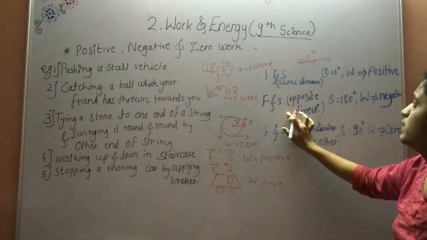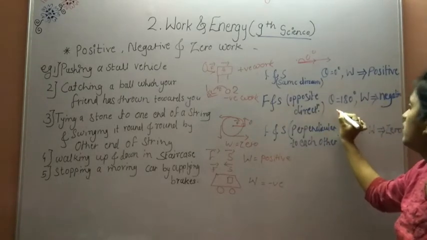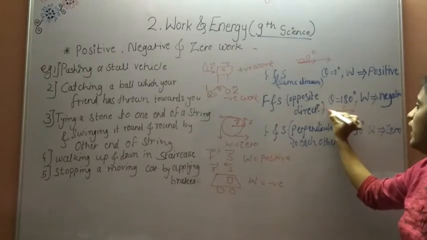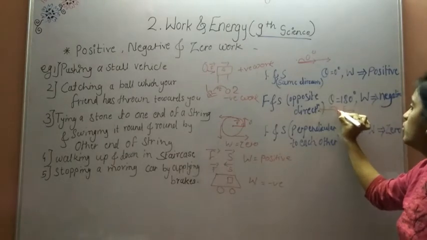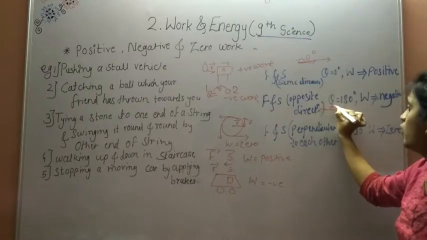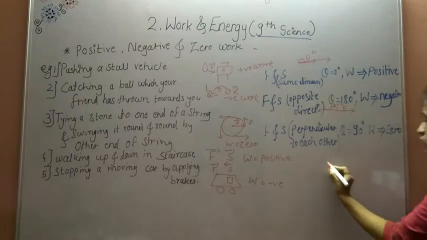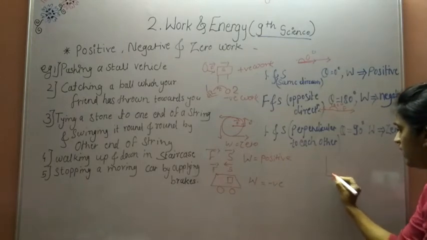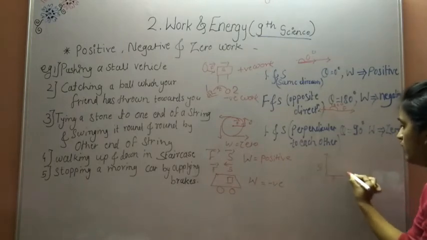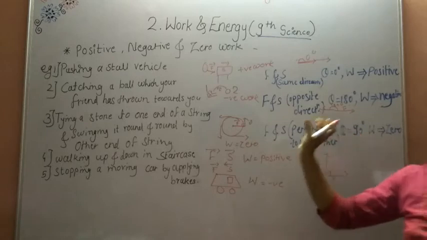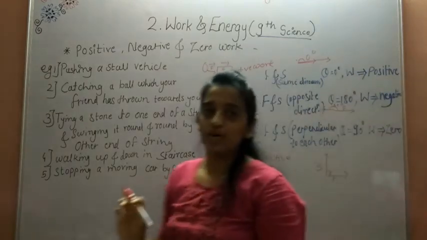Next, force and displacement in opposite directions form an angle of 180 degrees, so work done is negative. And when force is on this side and displacement on this side, they form an angle of 90 degrees, so work done is 0. This is positive, negative and zero work done.